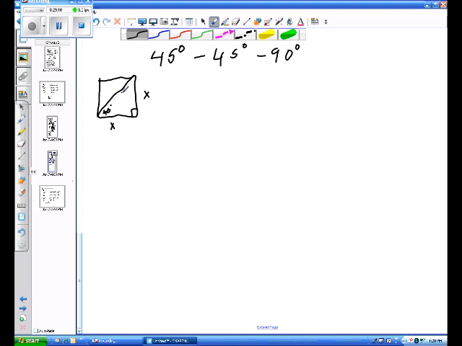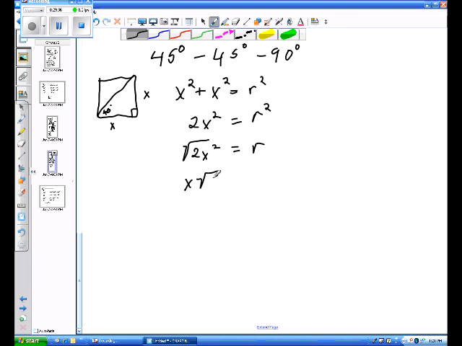Now, we need to find the length of the diagonal, so we'll use our Pythagorean theorem that x squared plus x squared equals our diagonal, or we'll call it r squared. And so we have 2x squared equals r squared. Taking the square root, that will equal r.